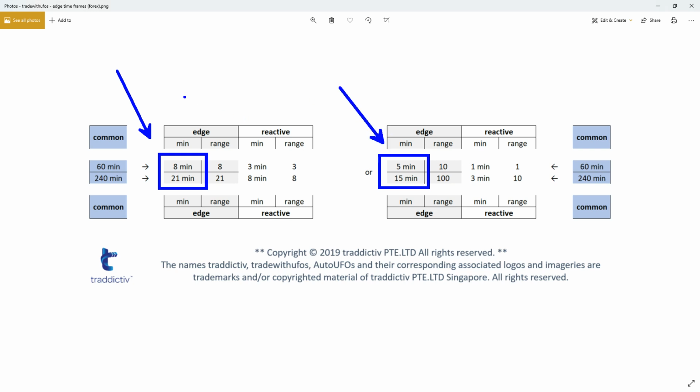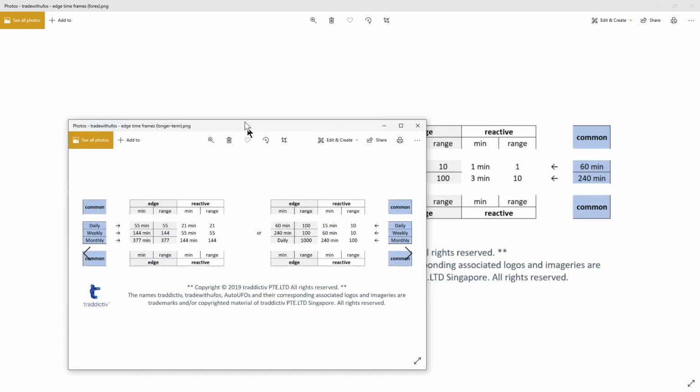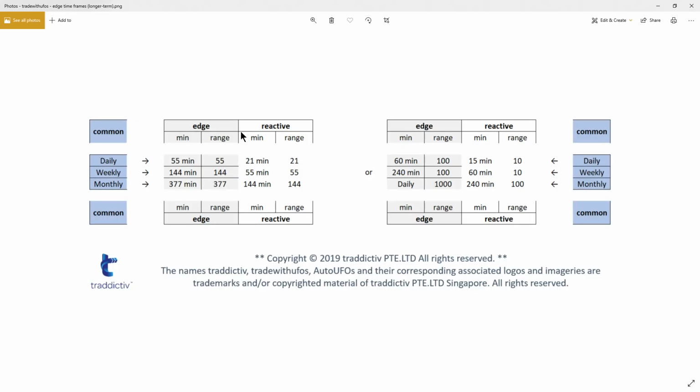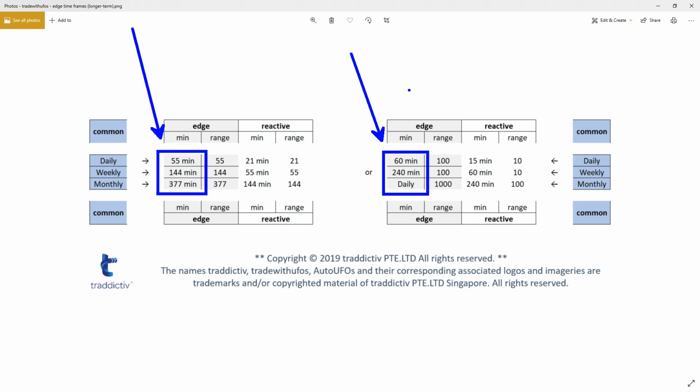This is what you do when you do Forex for intraday trading. For sure, you can also do Forex or futures or stocks with larger timeframes, such as daily, weekly, and monthly for common, and this would be combined with 55, 144, 377 if you use special timeframes, or it would be combined with 60 to 40 daily if you use standard timeframes instead of customized timeframes with Fib numbers.